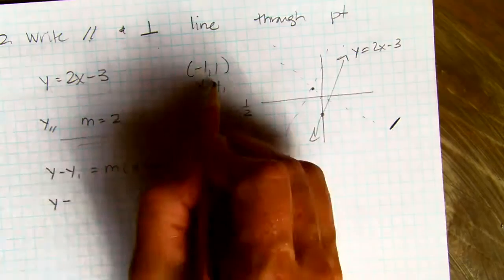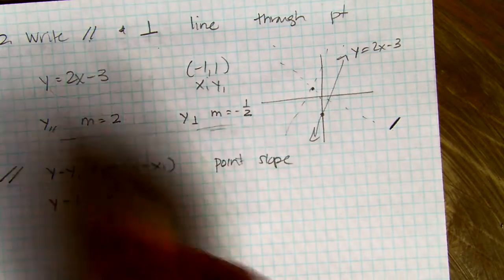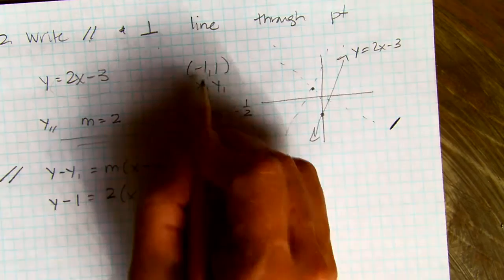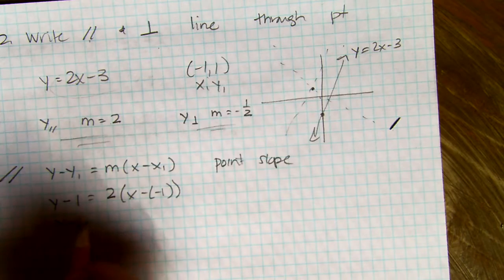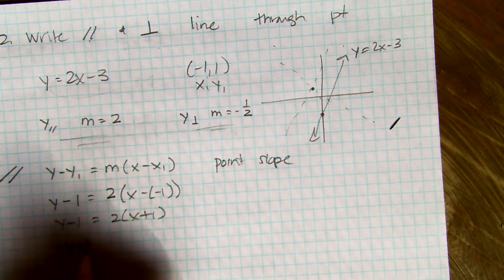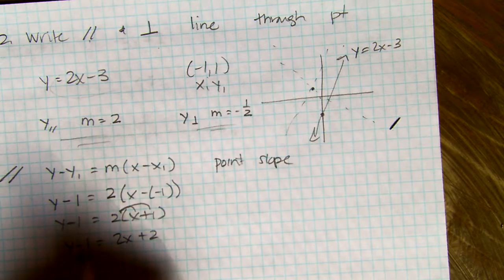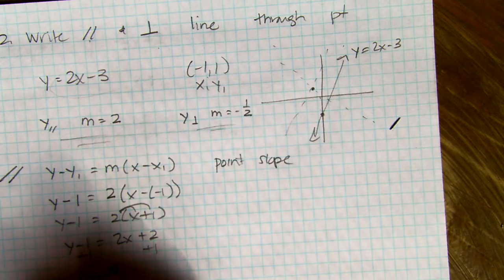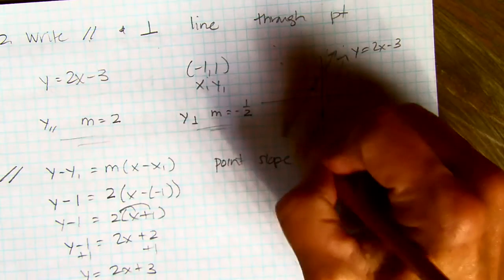So y minus y1 equals m, this should be the parallel line, x minus x1. So y minus 1 equals 2 times x plus 1. You could leave it like that, or you can simplify. y equals 2x plus 3. That looks about right, right?